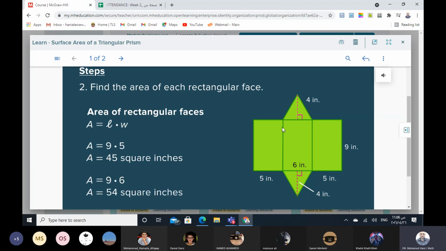And the area of the bottom, also the bottom will be a rectangle. Length times width. The length here will be 9 and the width will be 6. So you can write 9 times 6 will be 54 square inches.